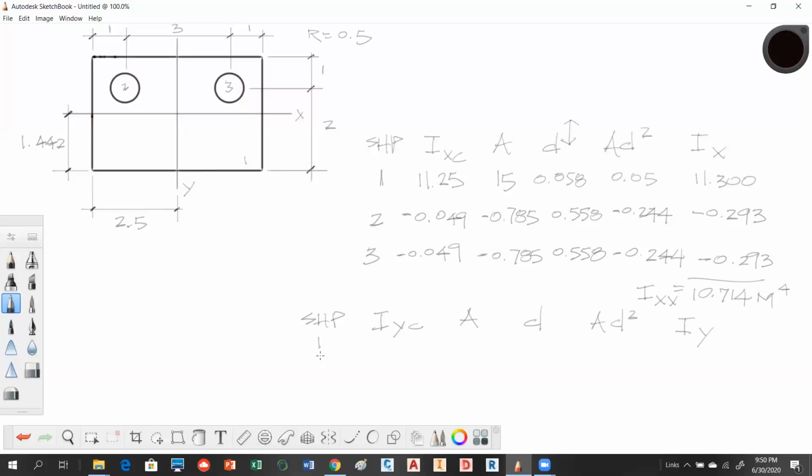So shape 1, 2, and 3. Shape 1. Now in this case, for the moment of inertia, we're looking in this direction. And so this is the base now, and this is the height. So it's 1/12 the base times the height cubed. The base is 3, the height is 5. So 5 cubed times 3 divided by 12.